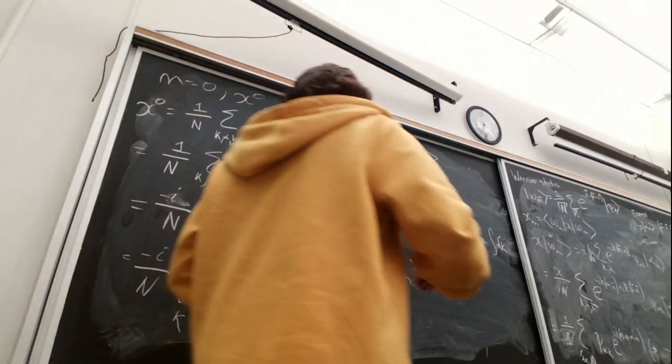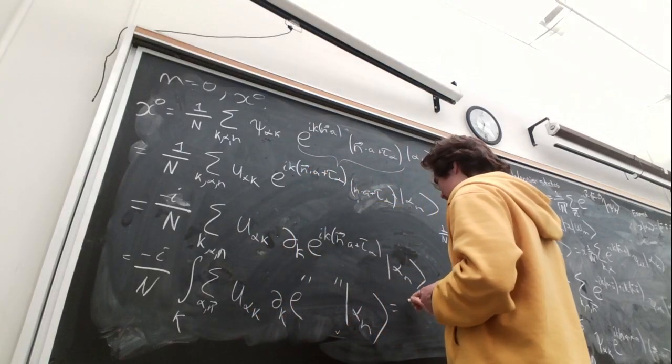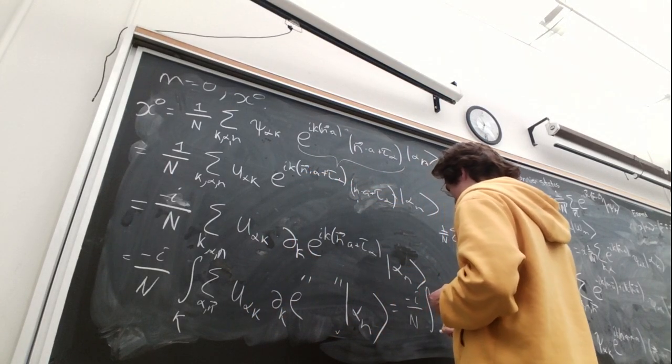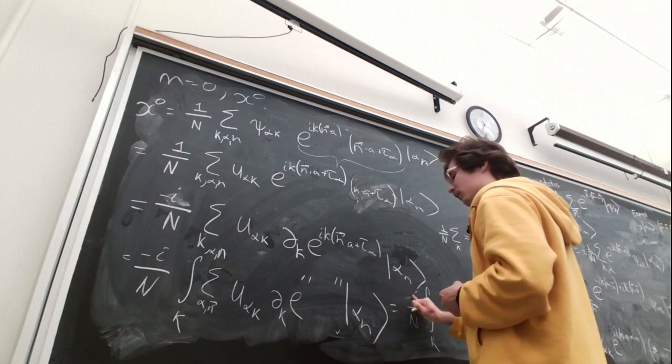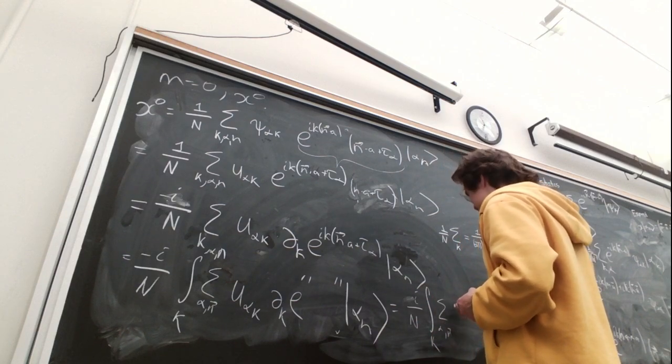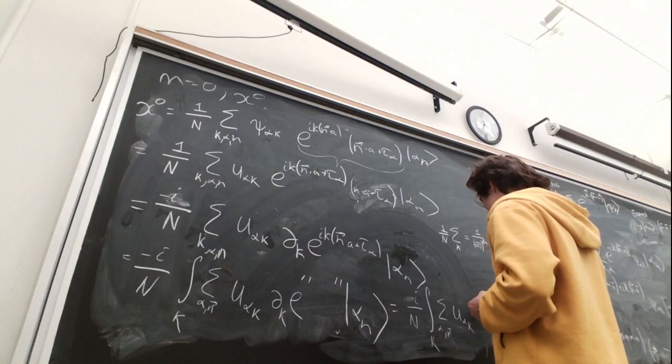And so I can get that this is indeed equal to plus i over n, integral over k, sum over alpha n, u alpha k.